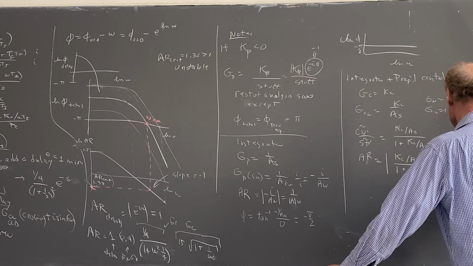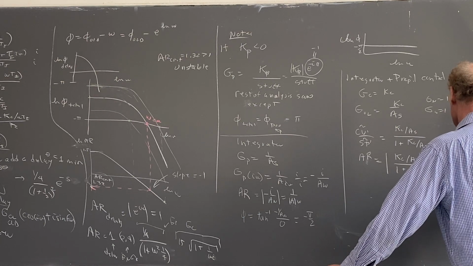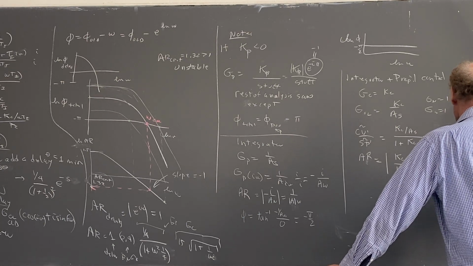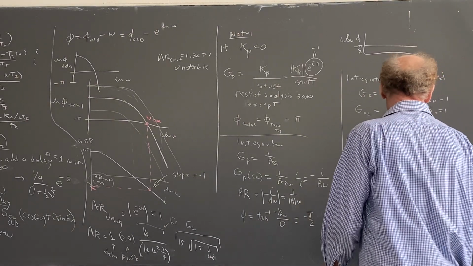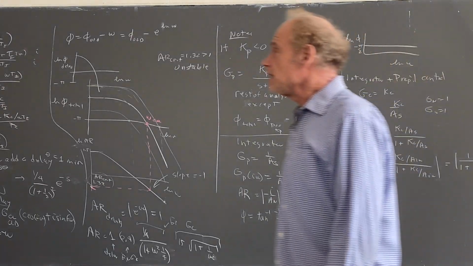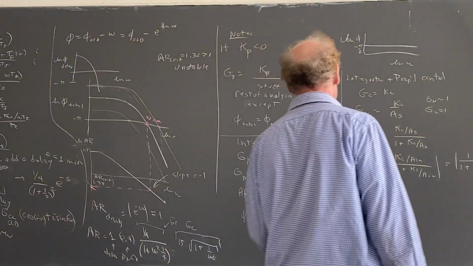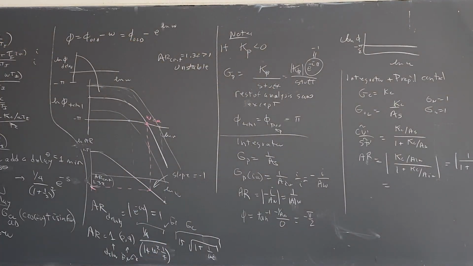So I have 1 plus AI omega over Kc. And I need to get the I out of the denominator. Well, we know this is 1 plus something times omega. That's just like a first order system.